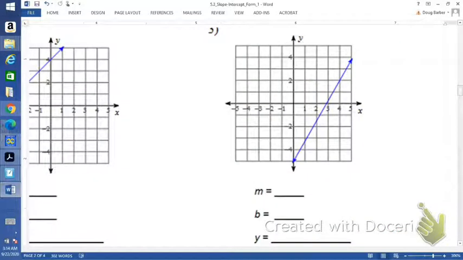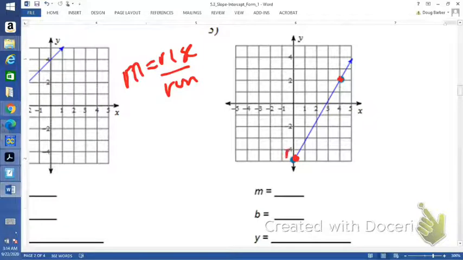Alright, for number 3, let's see, we have a lattice point there, and it doesn't look like we have another one until right here. Alright, so slope equals rise over run. So we go from here to here.